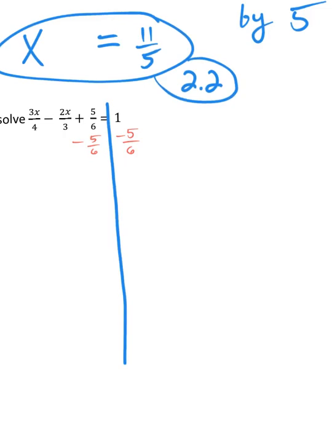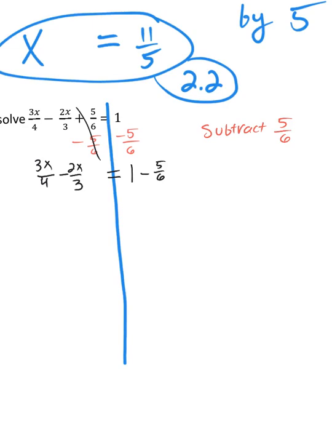So I'm going to subtract 5 sixths. So this is going to end up being, everything else just copies down. 3x divided by 4 minus 2x divided by 3, this canceled out, equals 1 minus 5 sixths.